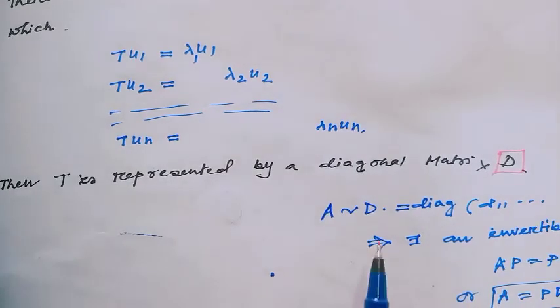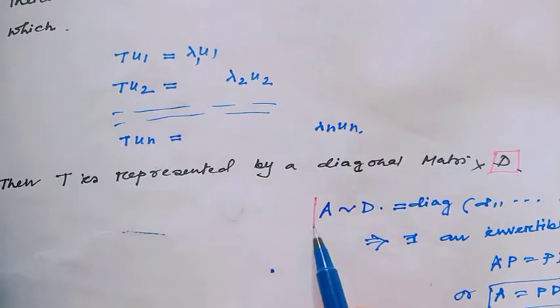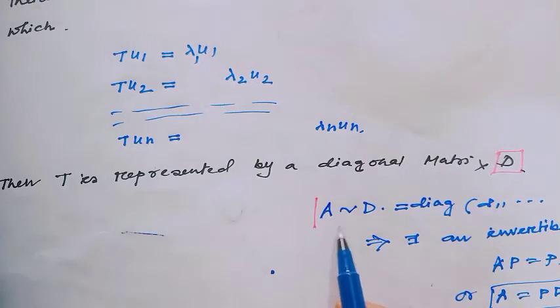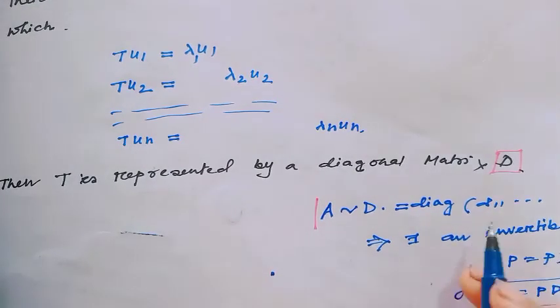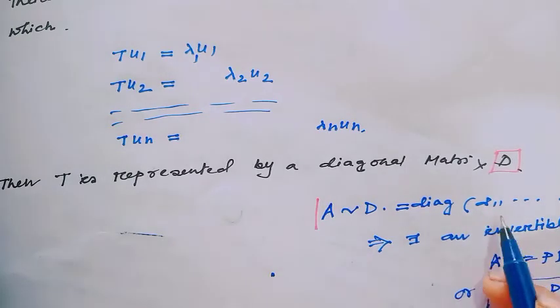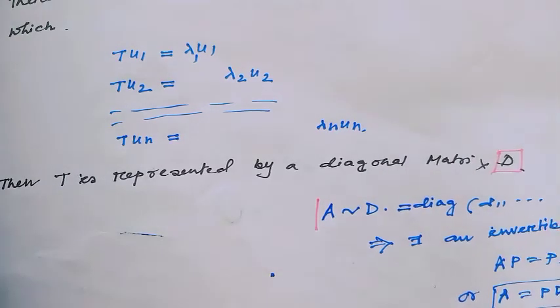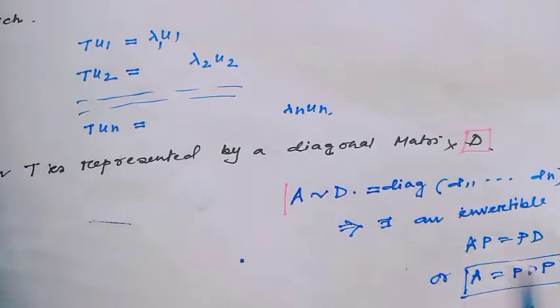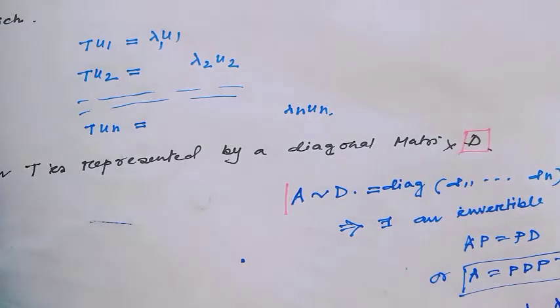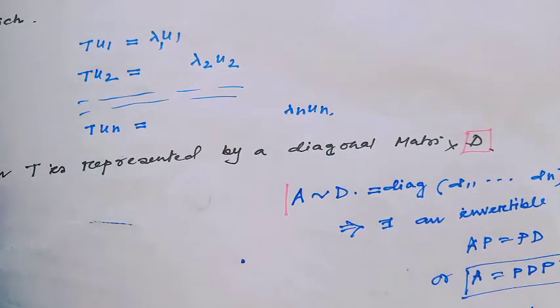Since every linear operator is represented by a matrix, by definition A is similar to a diagonal matrix. That means A is similar to the diagonal matrix with entries D1, D2, Dn. So by the definition of similar matrices, there exists an invertible matrix P such that AP equals PD, that implies A equals PDP inverse.